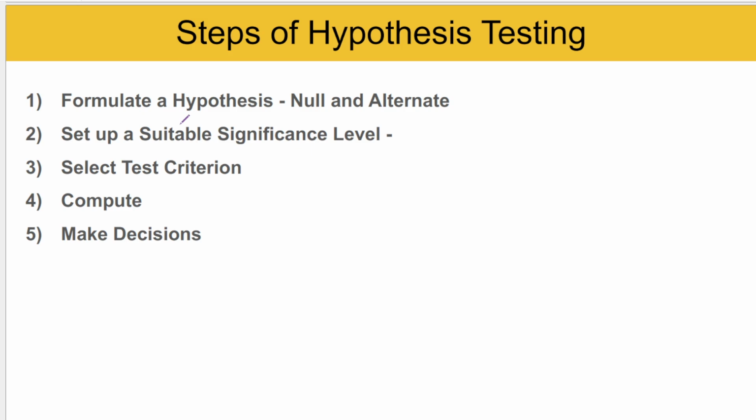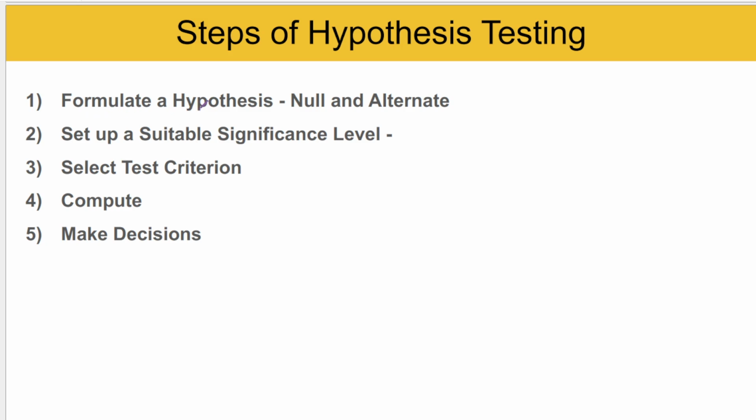Or I might say that the average rate of milk in the Tamil Nadu or some Madurai district is 18 rupees. Then you will collect some data and try to validate whether my hypothesis was right or wrong. So this is what is called a hypothesis testing.